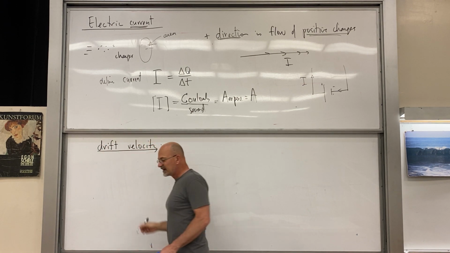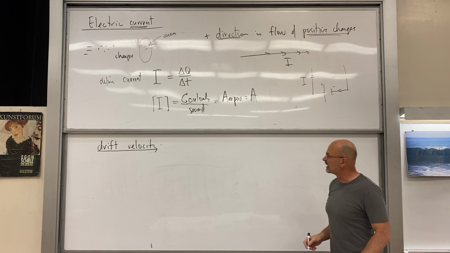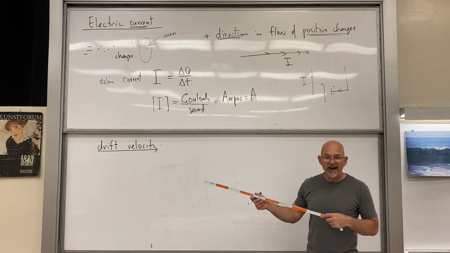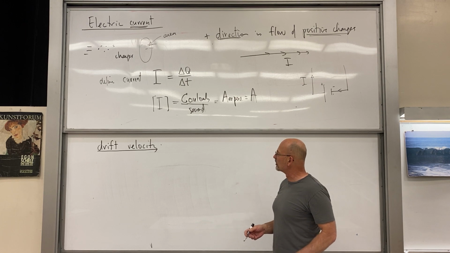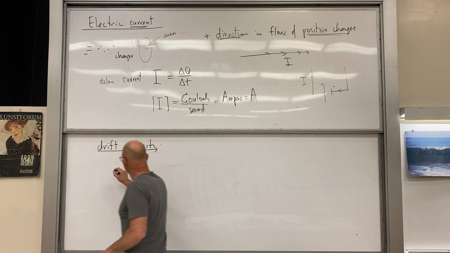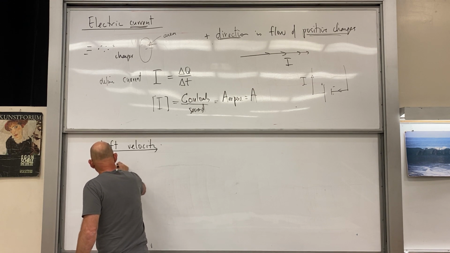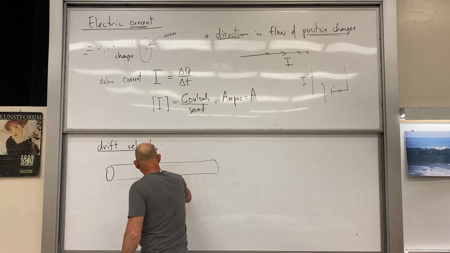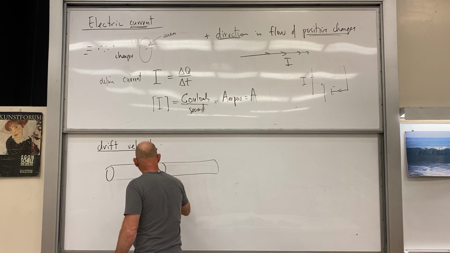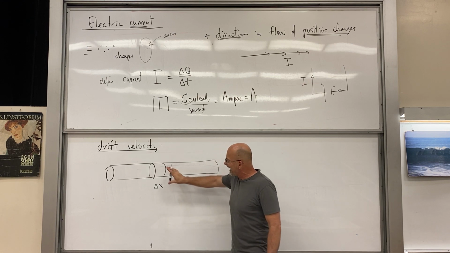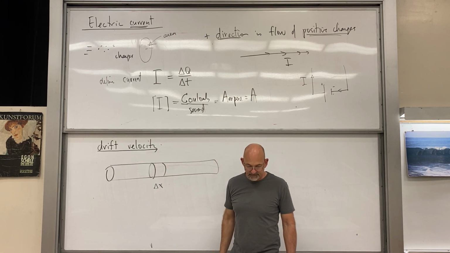The velocity with which the charges move can take on a huge range of values, so it's worthwhile to define this. What we're going to do is imagine we have a wire here, and there's a segment in here which will have a length of delta x. Kind of count what's going on in here.